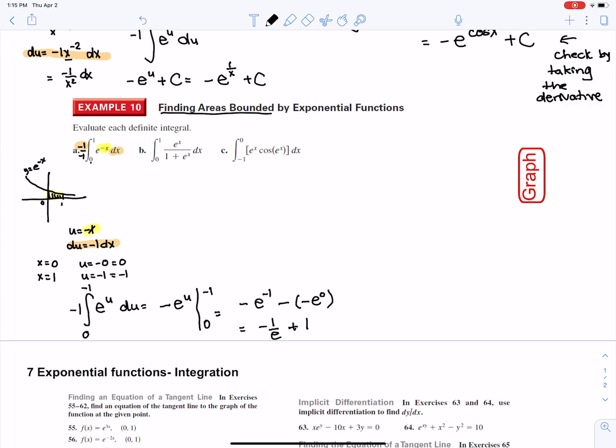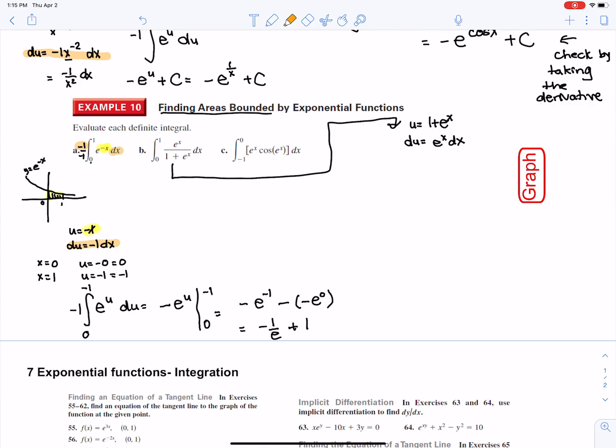Same idea for all of these questions. They're all integration by substitution. You just have to recognize the substitution. So we'll pull this one on the side here. Let u equal 1 plus e to the x. My derivative is equal to e to the x dx.